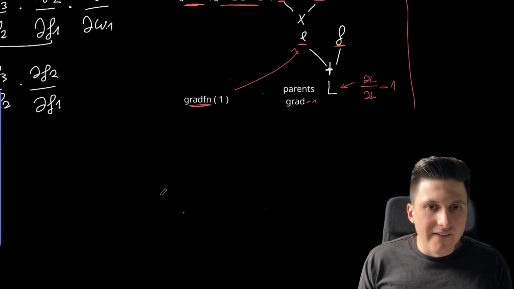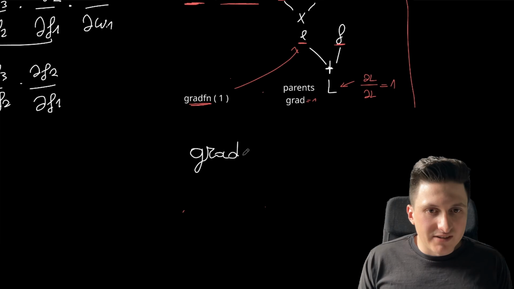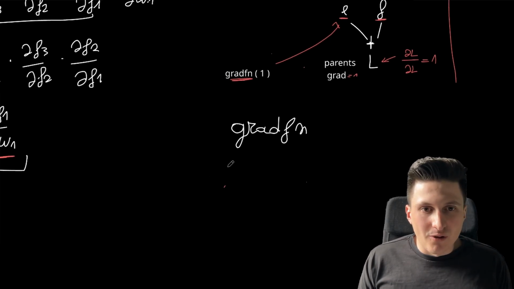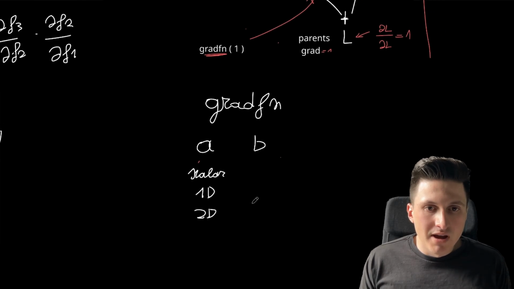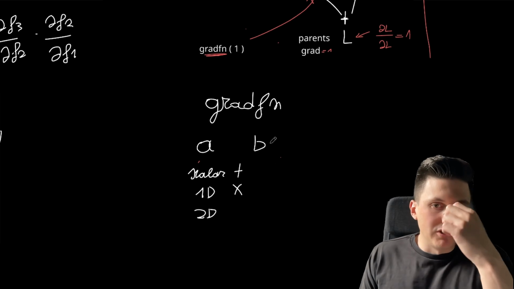But as I said, what we are now going to do is basically calculate what this grad fn looks like, because it depends on if the tensors involved in the operation were a scalar, if it was a 1D tensor, if it was a 2D tensor, and also if the operation itself was an addition or a multiplication.